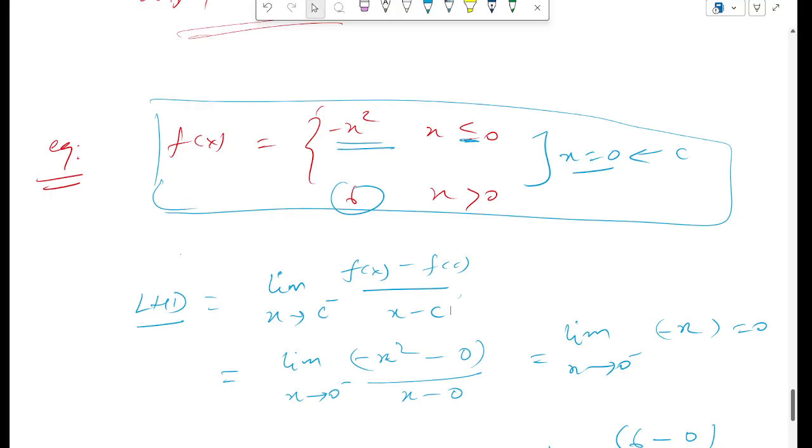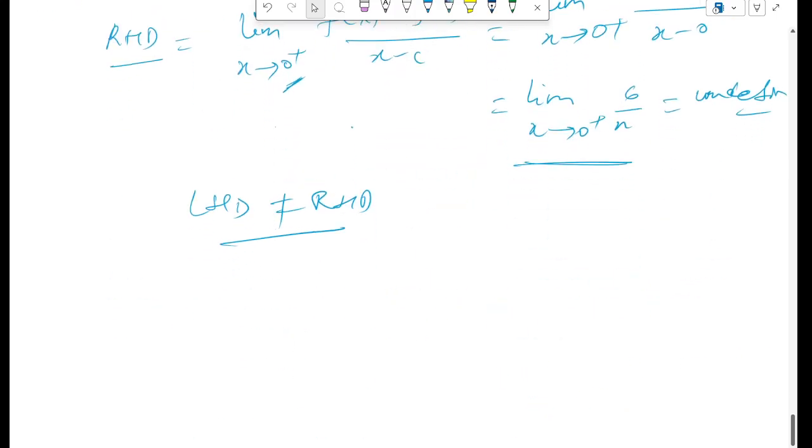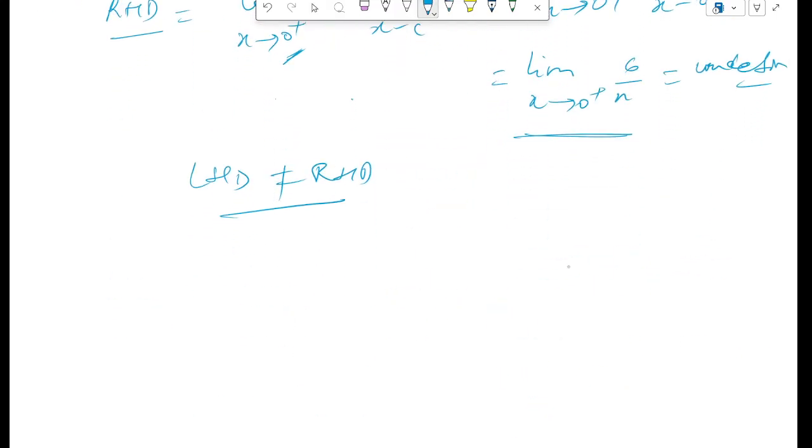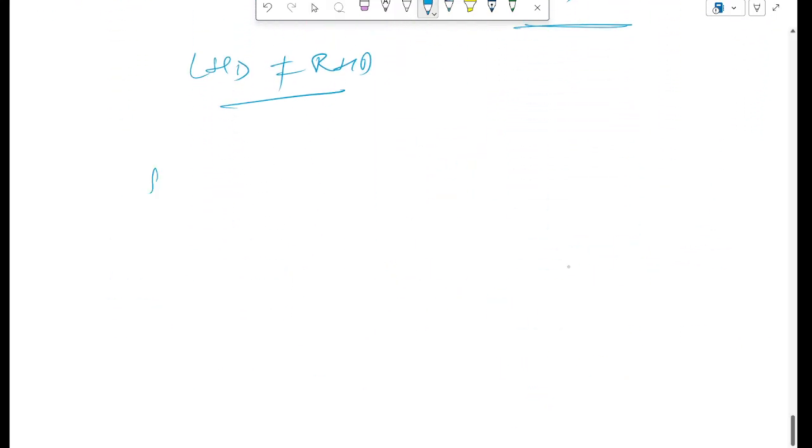What we can say is this f(x) is not differentiable at x equal to 0.